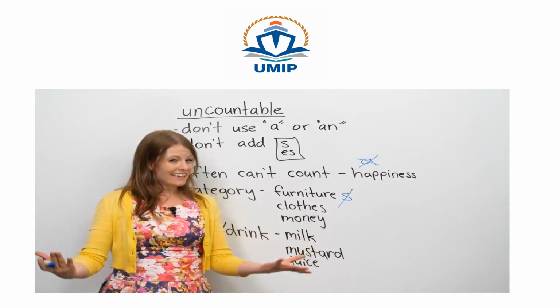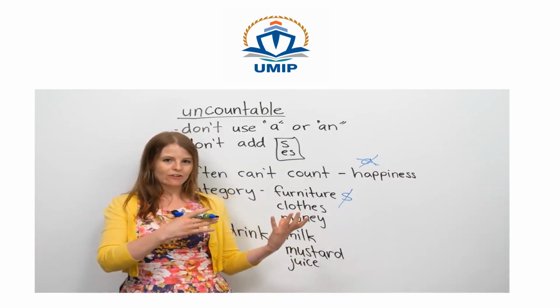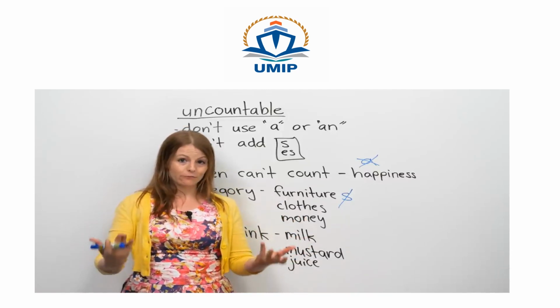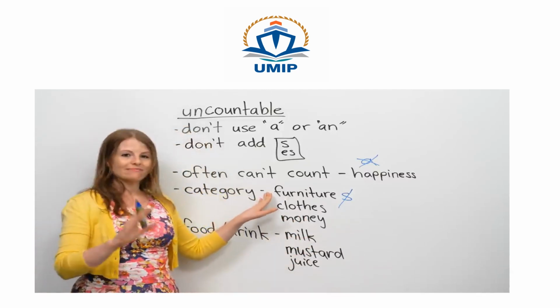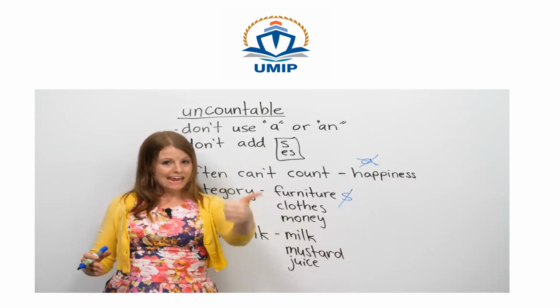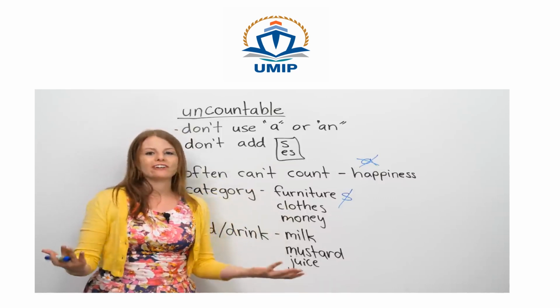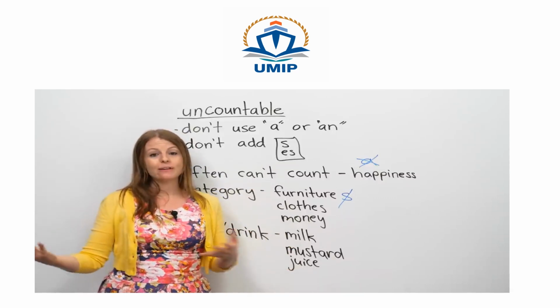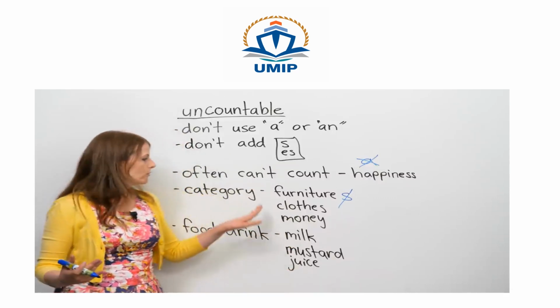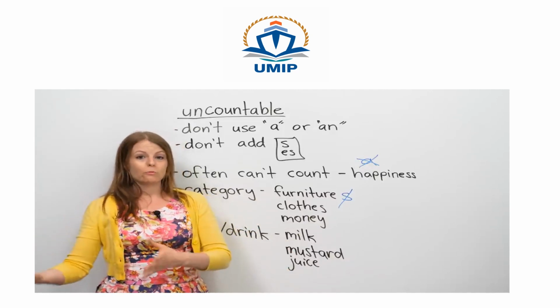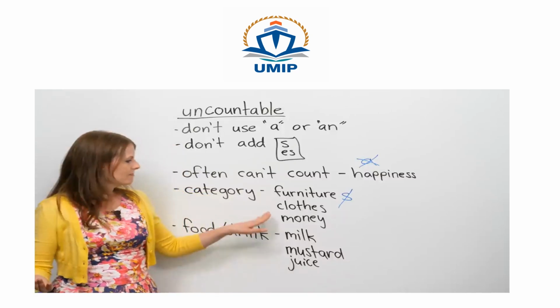So what you can do is, we're looking at categories there, but within each category, there are things you can count. So for example, furniture is uncountable, but tables, chairs, desks, refrigerators, ovens, these are all things we can count. So furniture does not have an s, but these other words do within the category.